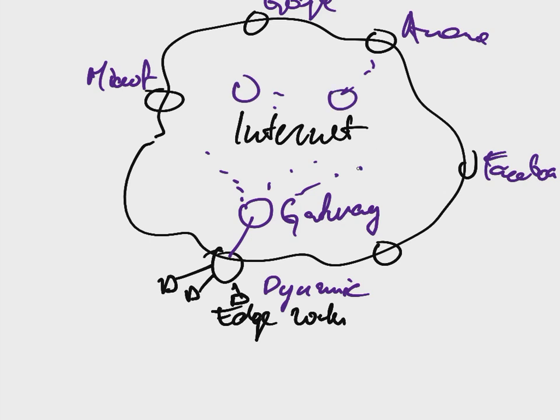But then there are these routers which are inside the network, which are not at the edge. So there are some routers which are connected to other routers, and these are the routers which create the backbone of the internet.